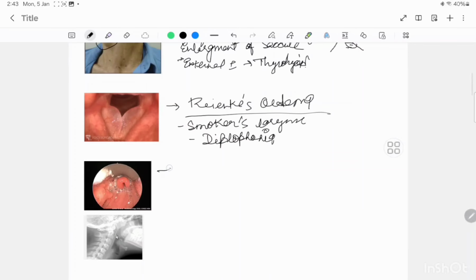So the third one is the image of a swollen epiglottis, and the pathology being discussed here is epiglottitis.